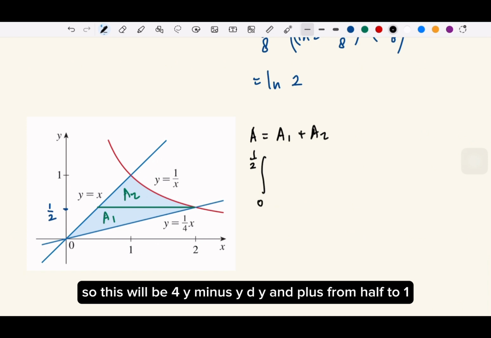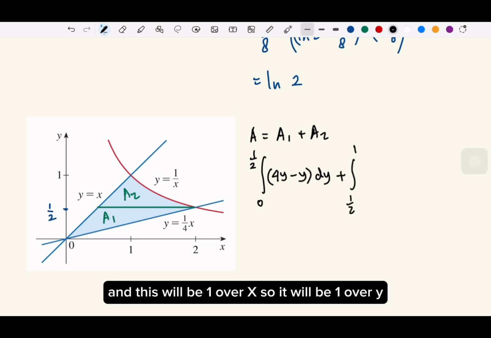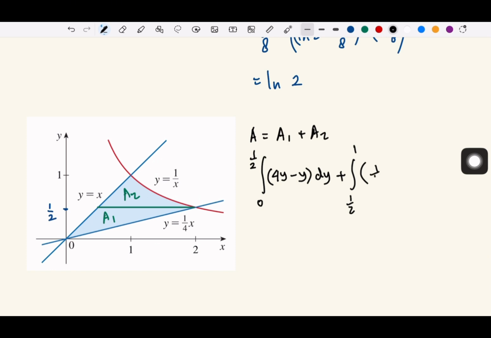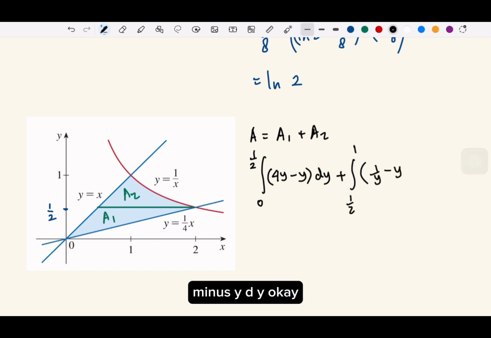So this will be 4y minus y dy, and plus from half to 1, and this will be 1 over x, so it will be 1 over y minus y dy.